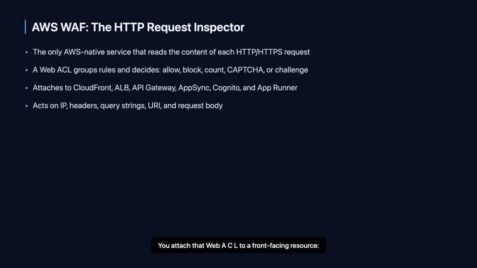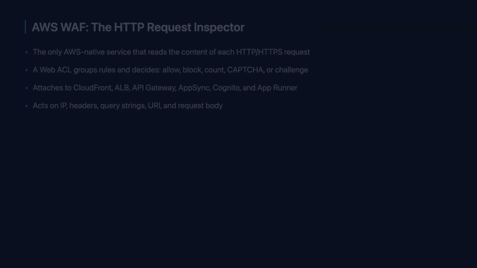You attach that Web ACL to a front-facing resource: a CloudFront distribution, an application load balancer, API Gateway, AppSync, a Cognito user pool, or App Runner. And it can make its decision based on almost anything in the request: the source IP, the headers, the query strings, the URI, even the request body.